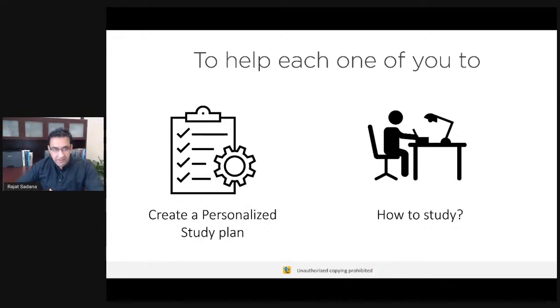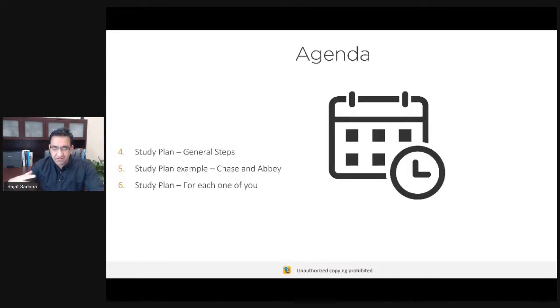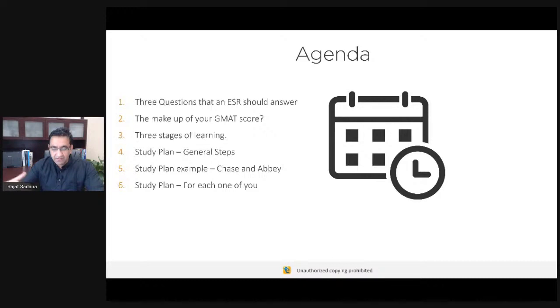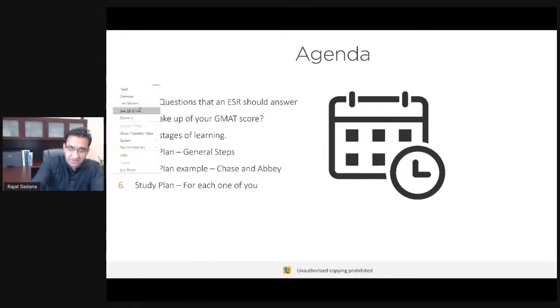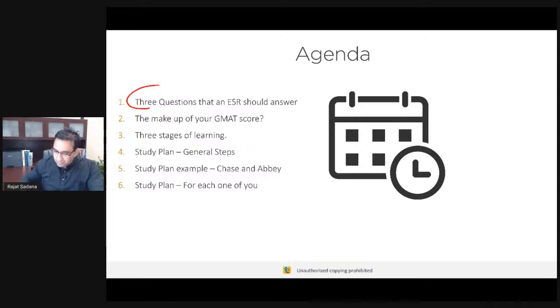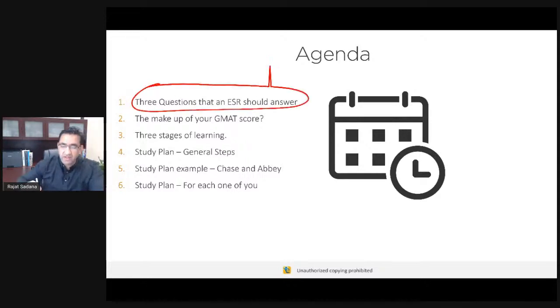But before we get there, I want to understand this group a bit more. So we're going to get a profile of this group. And then we're going to go into some sort of a foundation of a GMAT score: what is this GMAT score made up of?